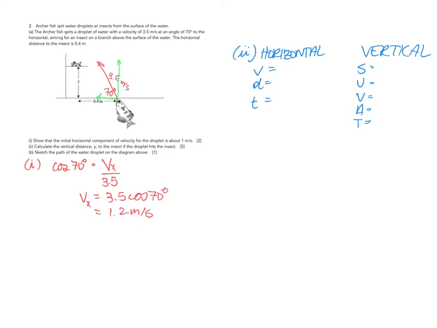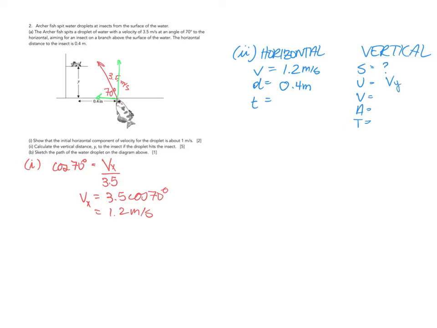And I'm also going to remember that the time can be the same on both sides. So Vx, V in the horizontal direction, we've just calculated, 1.2 meters per second. I know the distance here is 0.4 meters. Vertically, I'm looking for that one. Initially, well, yes, I could calculate that vertical component. I'm just going to write Vy for now.